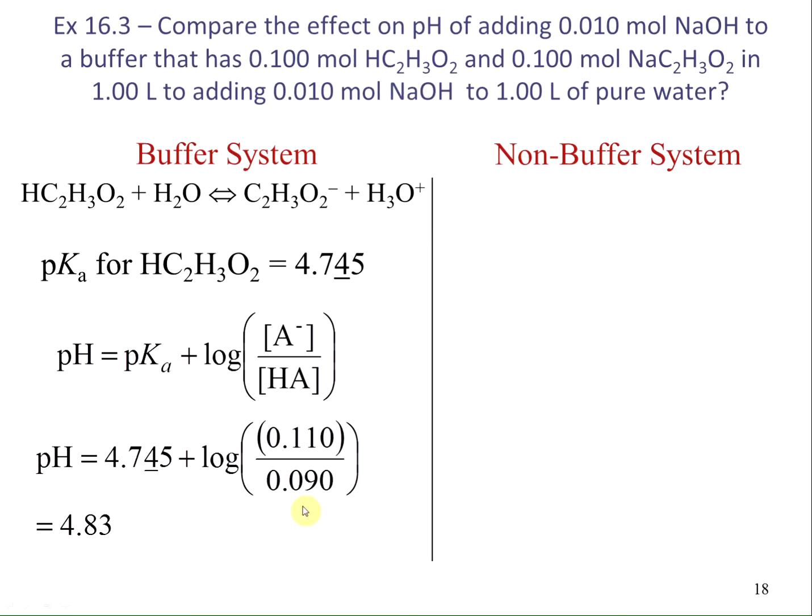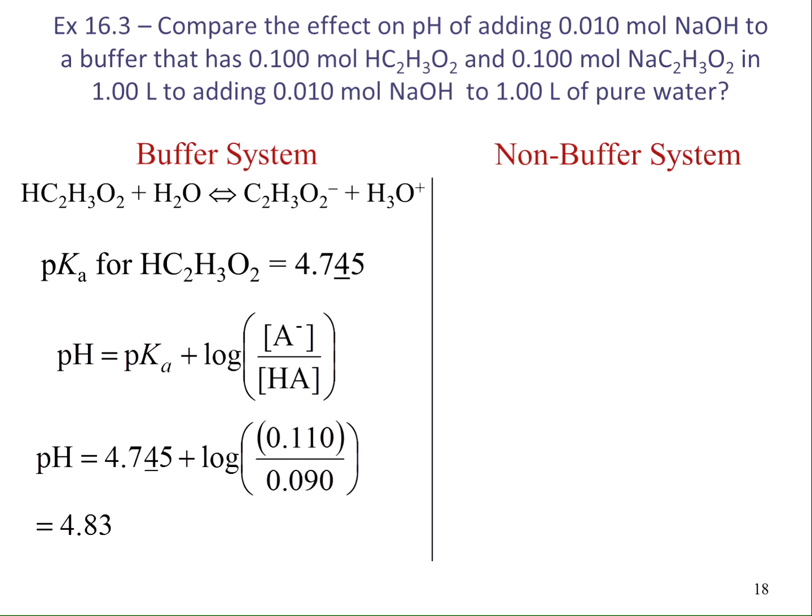The 0.09 moles of HA is from the initial 0.1 moles of acetic acid minus the 0.01 moles of sodium hydroxide that was used to neutralize 0.01 moles of acetic acid, to give a total of 0.09 moles of acetic acid.